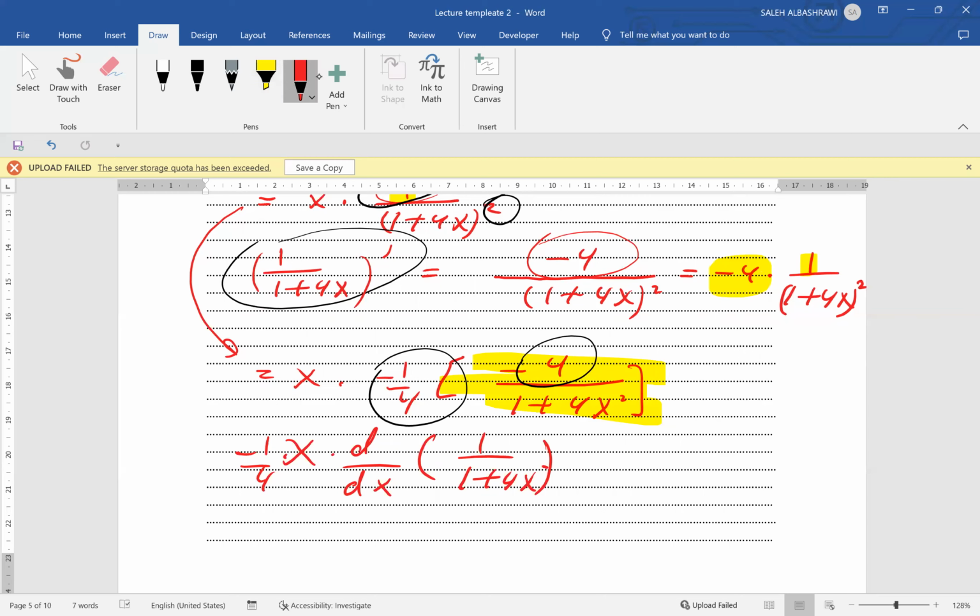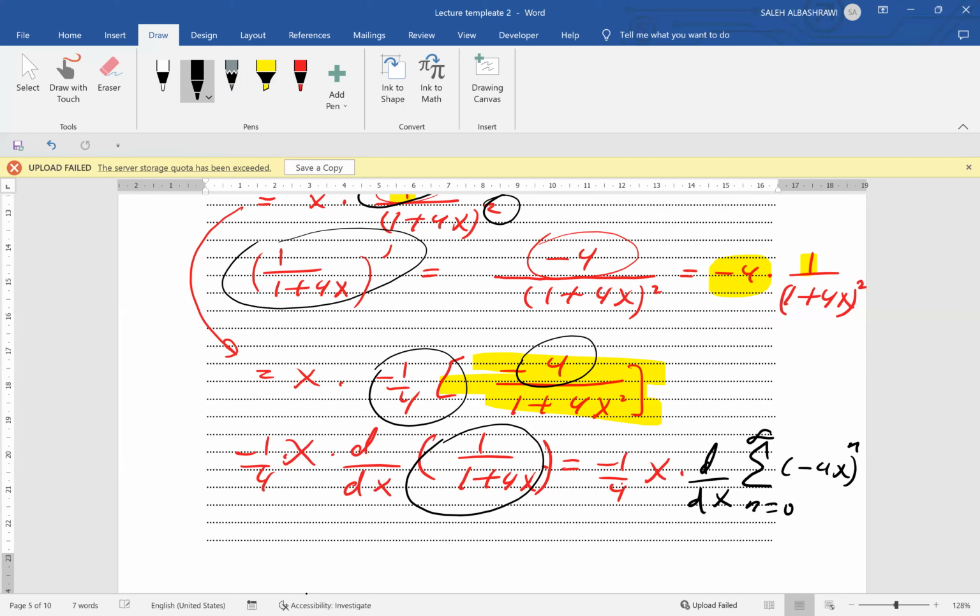So I will have minus 1 over 4x multiplied by, I will write this one as a power series. I forgot to write the derivative, it is d by dx of sigma of (minus 4x)^n, n from 0 to infinity.